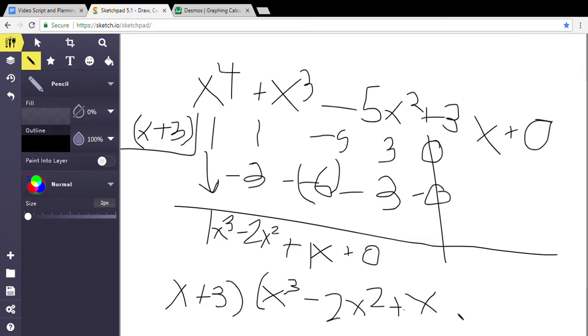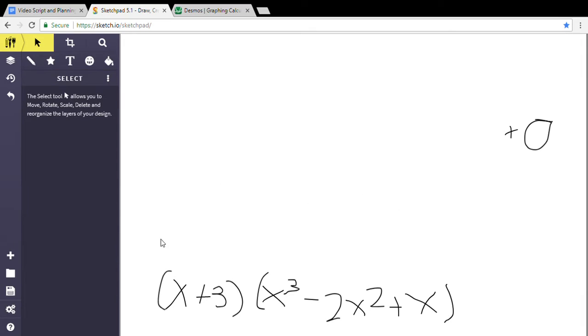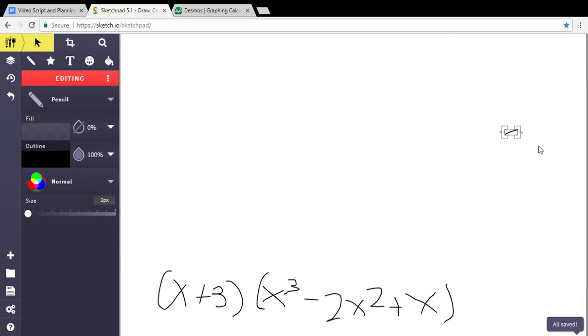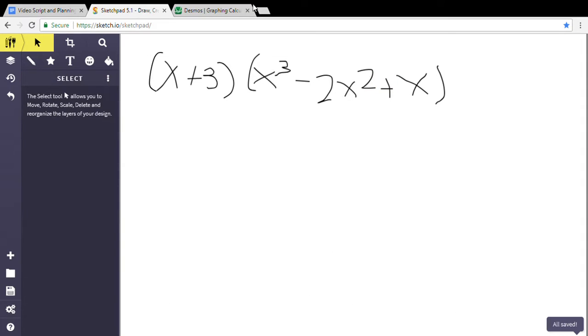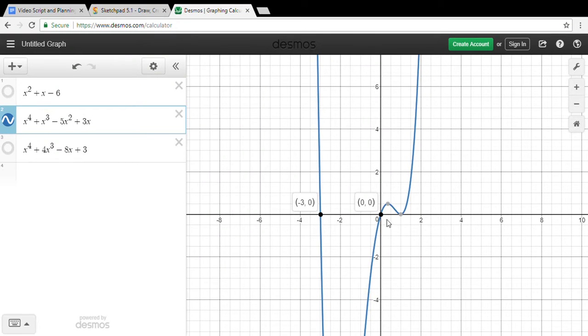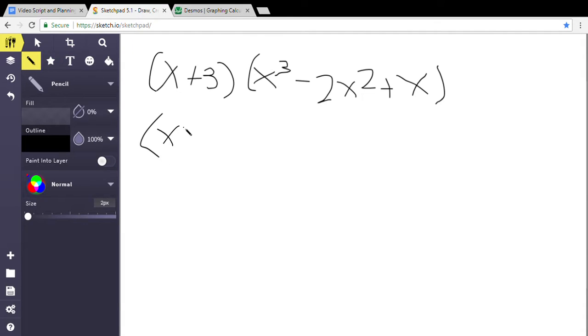Now, this equation here is one we are going to need to factor again in just a second, using the other part of this graph. You can see our next factor out is 0. Now, in order to factor out a 0, you would need an x plus something that equals 0 when you put in 0.